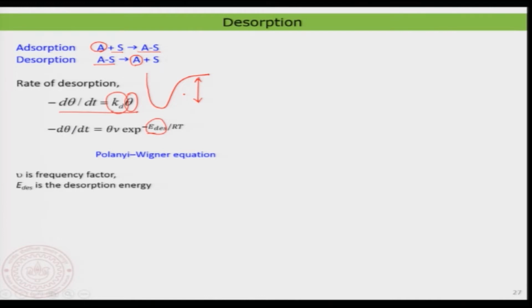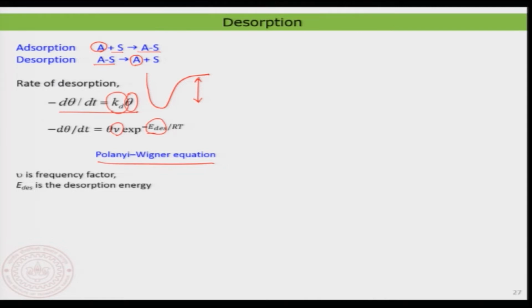And then it is also dependent on the temperature, and some factor called nu, known as the frequency factor. This is known as the Polanyi-Wigner equation, which is a popular representation for the rate of desorption.